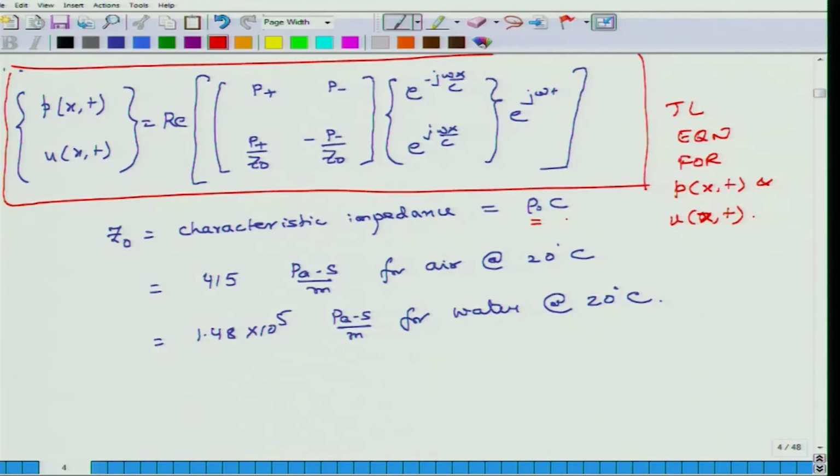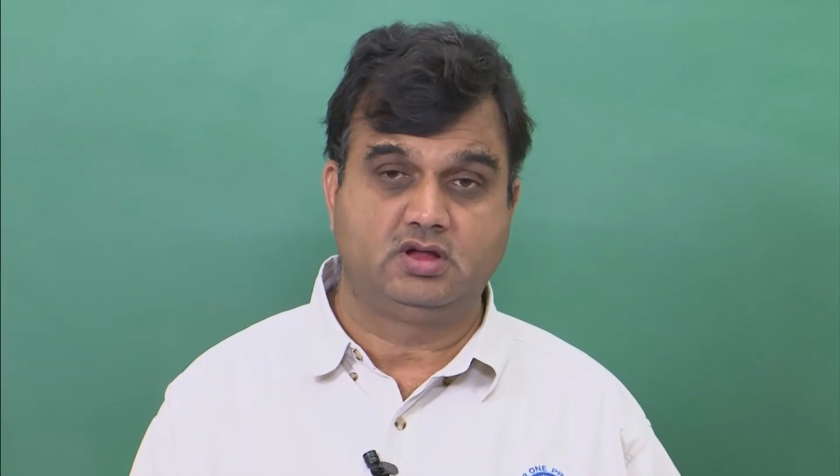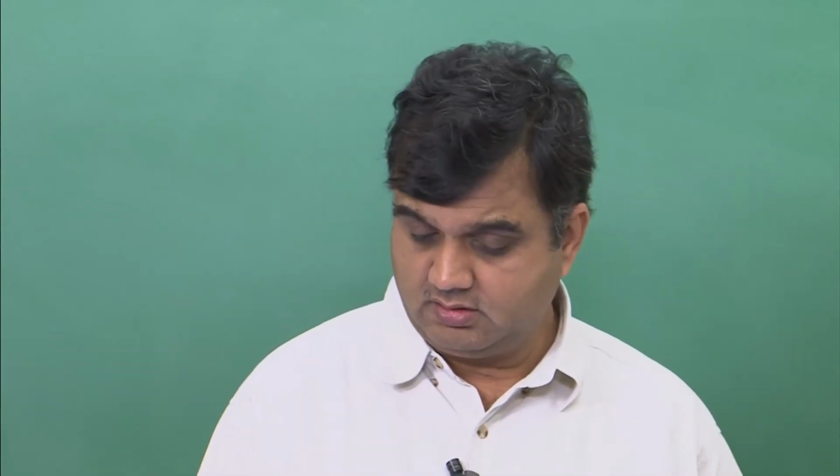It only depends on the density of the medium and the velocity of sound in the medium. It does not depend on location or time, so that is why it is known as characteristic. It is a characteristic of the medium, and its units are pascal seconds per meter.